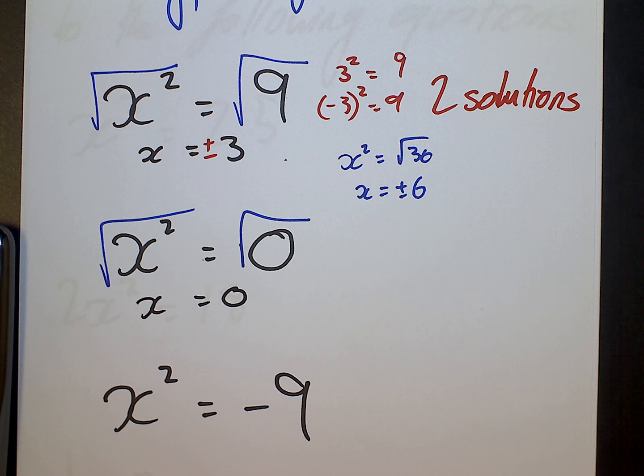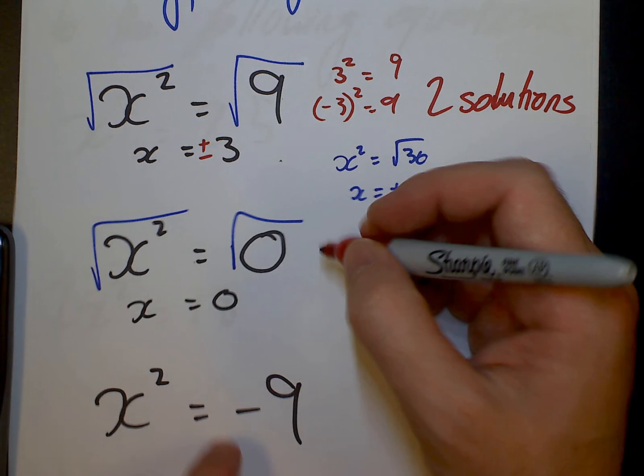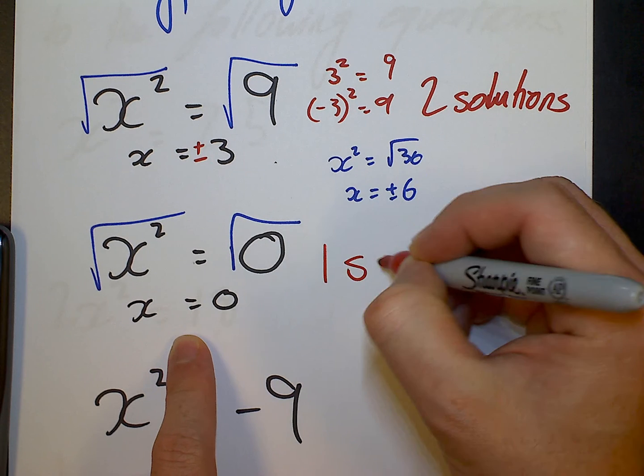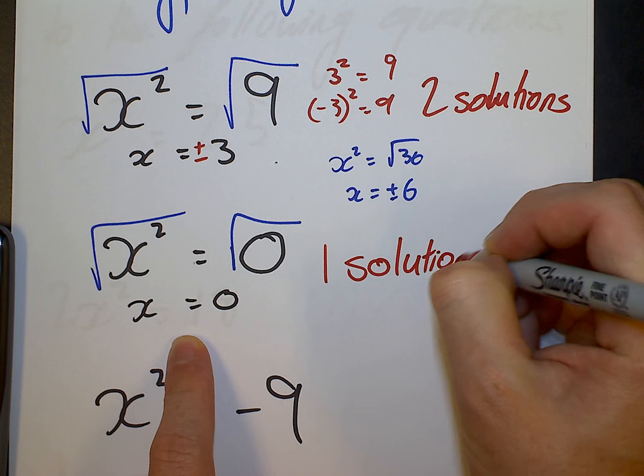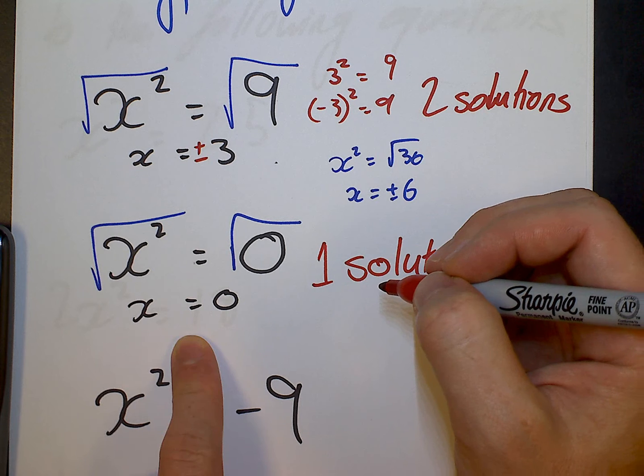It can only equal 0. 0 times 0, or if you square root that, is going to equal 0. So what that tells us, in this specific type of quadratic, is it has one solution, one answer. That is that x equals 0.